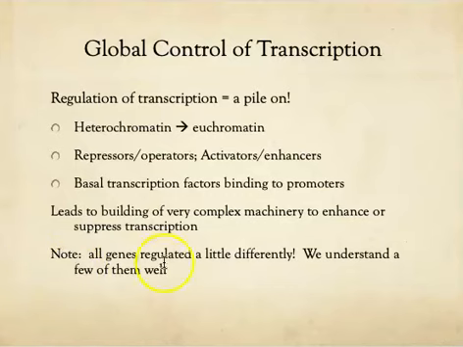All genes are regulated just a little bit differently. Which control mechanisms are more active than others? It varies from cell to cell. It turns out that we know very little about how specific genes are regulated. Remember, we don't even know all of the genes that are in the human DNA molecule.